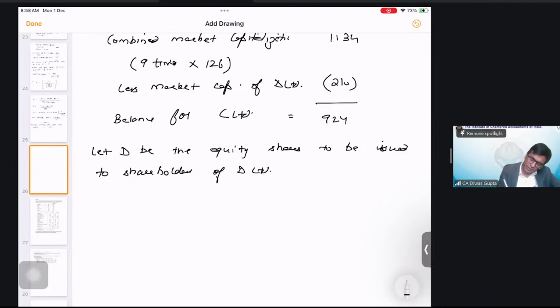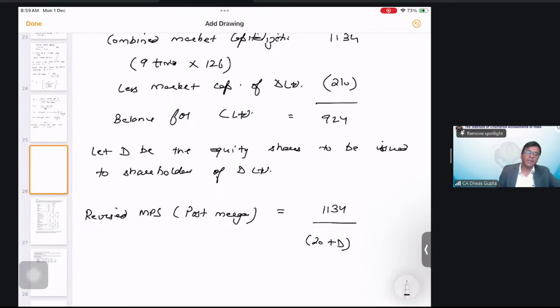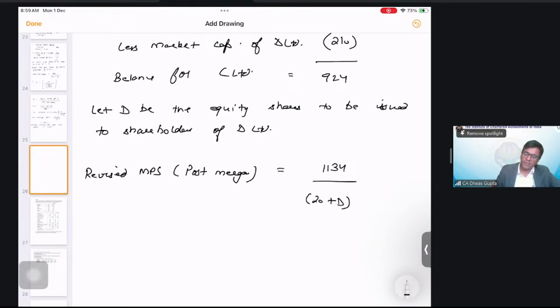So the revised MPS post-merger will be what? 1134 divided by 20 plus D. So this is basically the overall value, divided by 20 plus D.